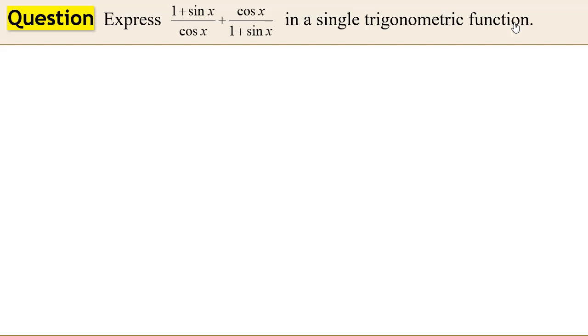For the following question, we are going to express 1 plus sine x over cosine x plus cosine x over 1 plus sine x as a single trigonometric function. From the given expression, we plan to convert it into a single trigonometric function by using a common denominator of cosine x multiplied by 1 plus sine x.